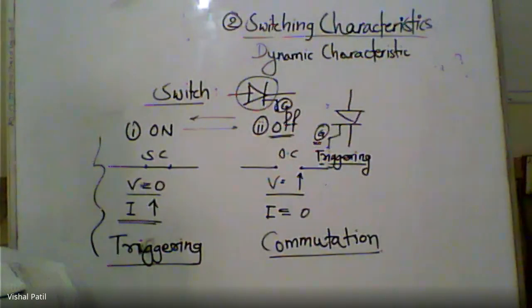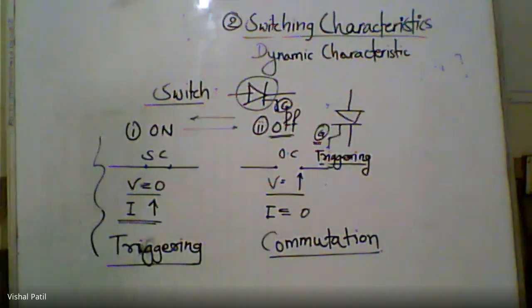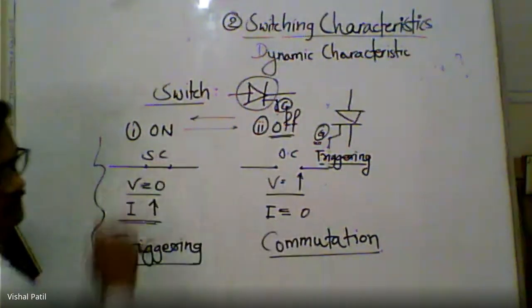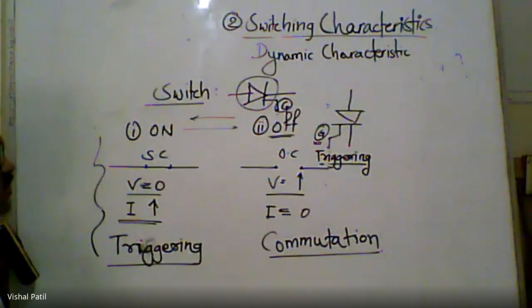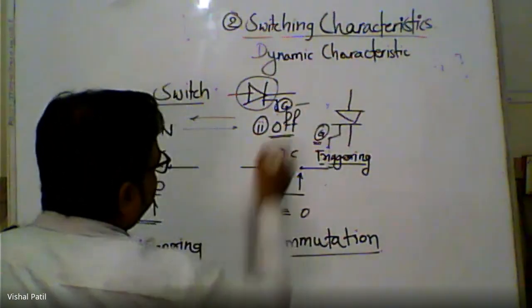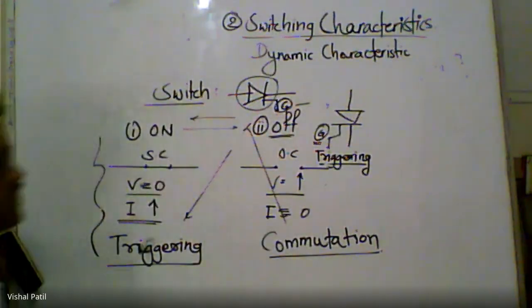So you need to remember that in case of SCR, the gate is used only to turn on, not to turn off. So commutation techniques for SCR are something different. They do not use the gate terminal. So the gate has a role to play only in triggering, not in commutation in case of SCR.